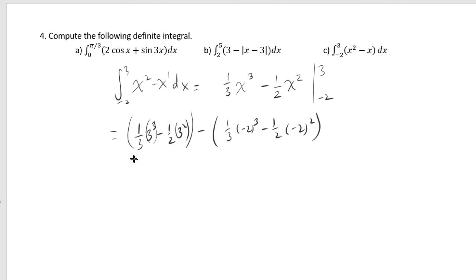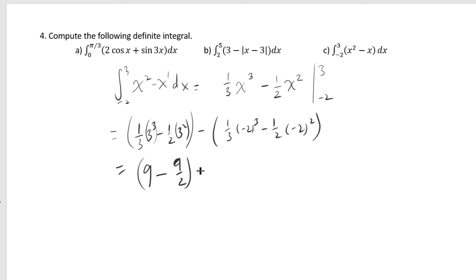Okay, and the number one place where people make mistakes is they forget this parenthesis, and if they forget the parenthesis, they make a minus mistake. Hopefully you don't make that mistake. Okay, so 3 to the third power is 27, divided by 3, that's 9. 3 squared is 9, so 9 over 2.